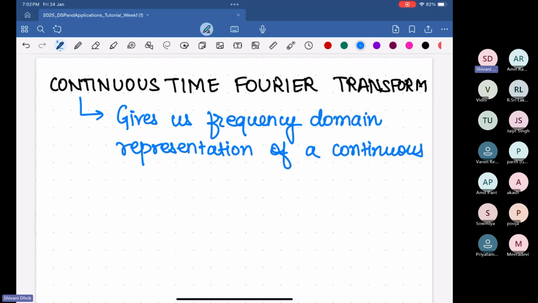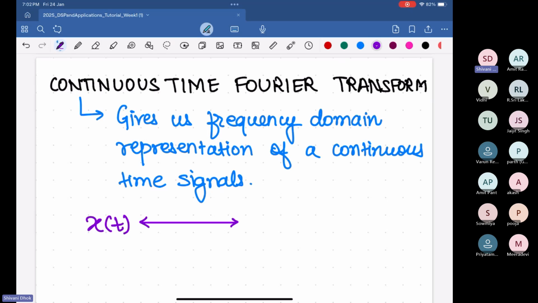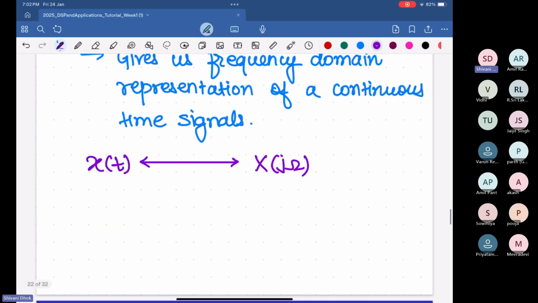What do I mean by continuous time? It means that the independent variable is continuous in nature. Suppose x of t is a continuous time signal. Its Fourier transform is given by x of j omega, and these two have a one-to-one correspondence. They are unique pairs.